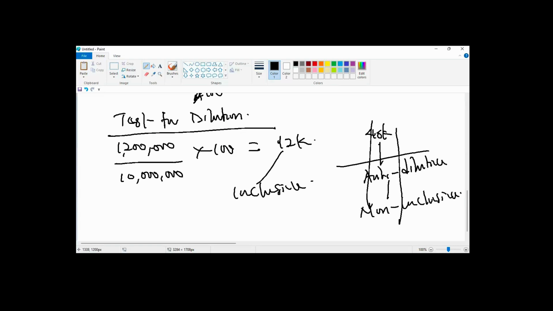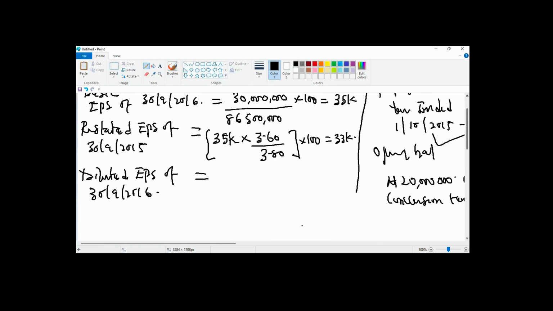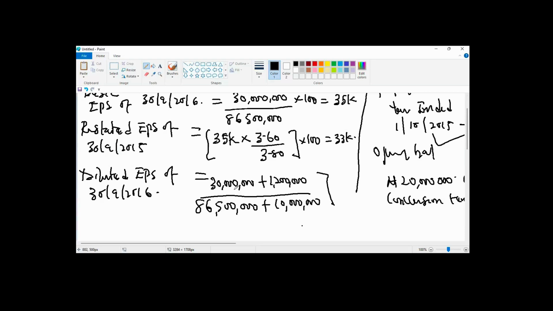So I'll go to the question for the 12 kobo. What is the earnings for the basic? Earnings for the basic is 30 million, plus the earning from the convertible loan, 1.2. Divided by shares for the basic, 86,500, plus the shares from the conversion, 10 million. That's all, times 100.